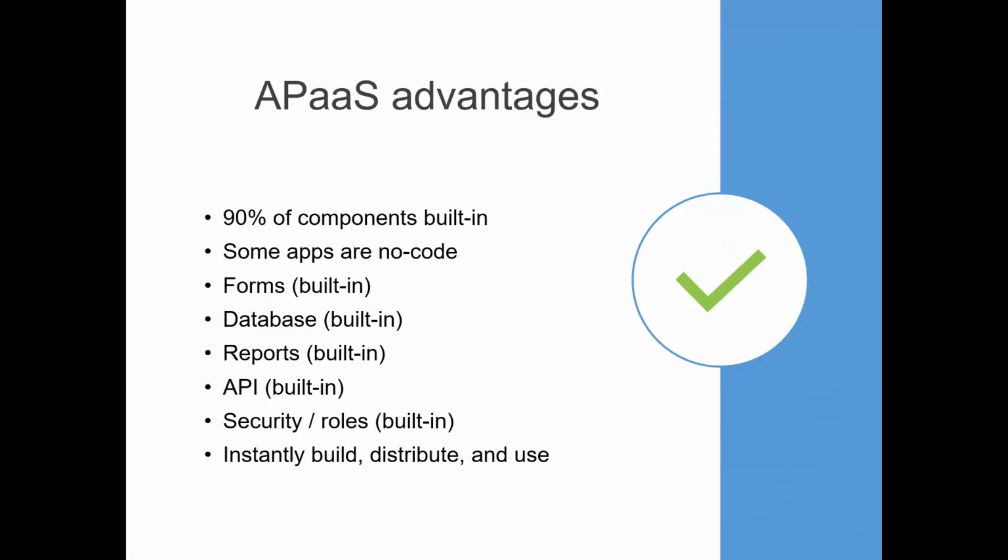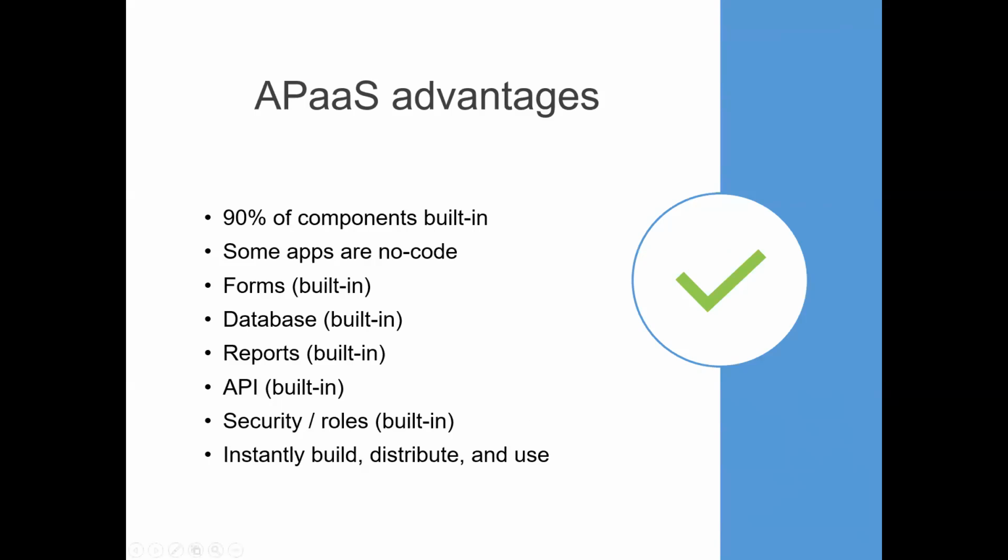Our forms are built in, our database is built in, our reports are built in, there's a built-in API, our security and our roles are built in, and you can instantly build, distribute, and use your application platform as a service app. It's very easy to do.